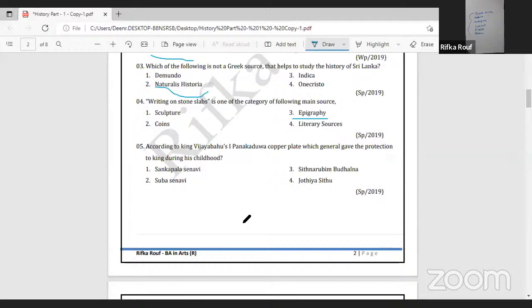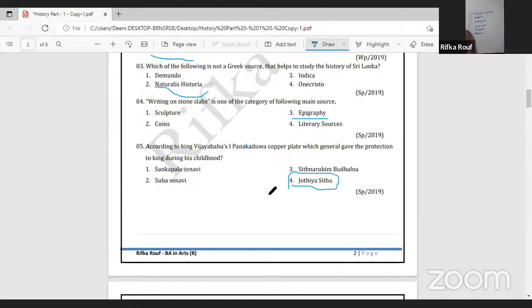According to King Vijayabahu's Panakaduva copper plate, which general gave protection to the king during his childhood? Sankasenavi, Subhasenavi, Sitnarubim Budalna, Jyotiya Situ. Okay, so I will tell you. Now see, the students who have given the answer Jyotiya Situ.